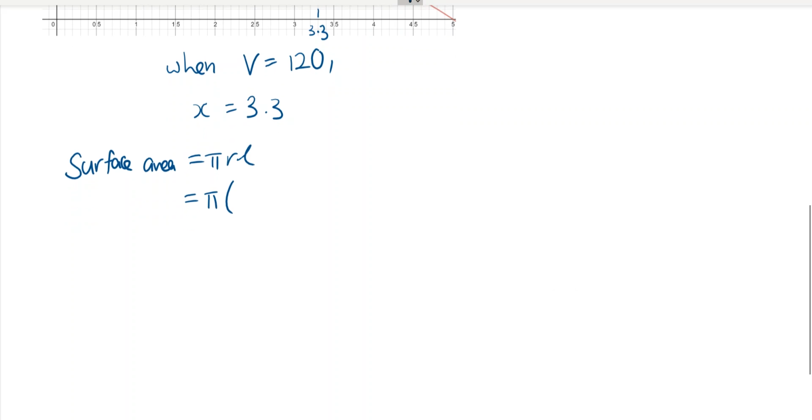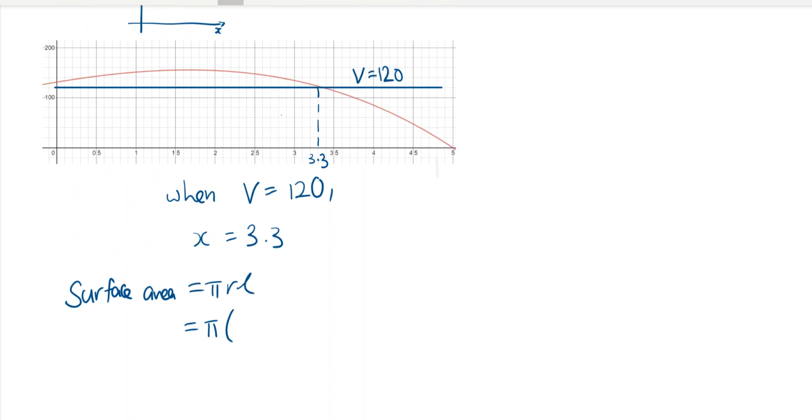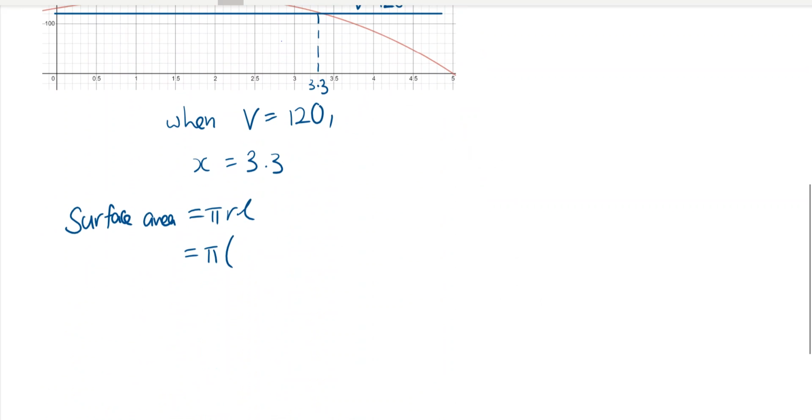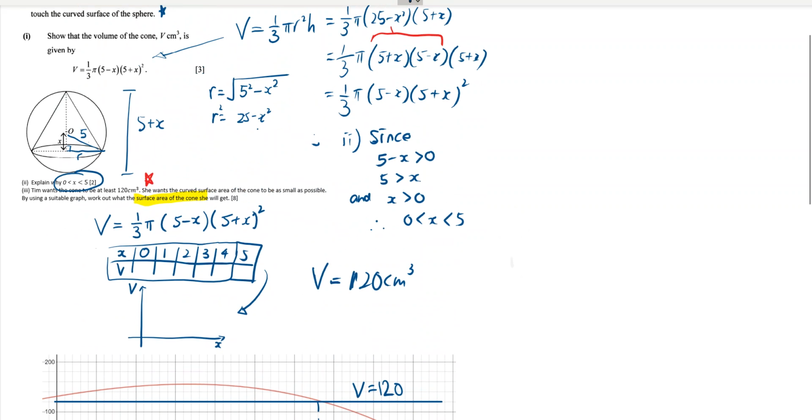The radius of the cone is the square root of 25 minus x squared, the square root of 25 minus 3.3 squared. But what else do you need? You need the L. L is the slant height of the cone. So how do you get it?